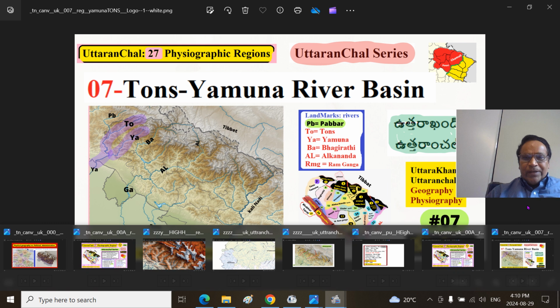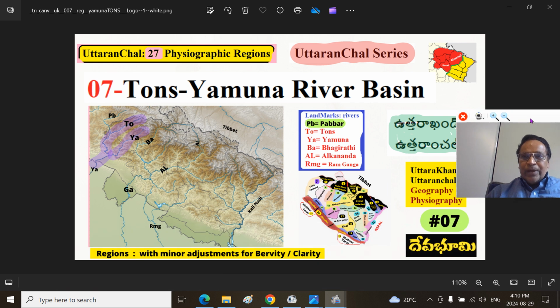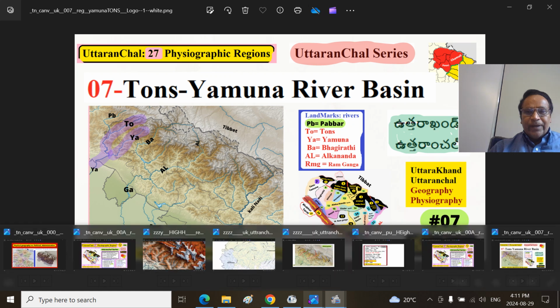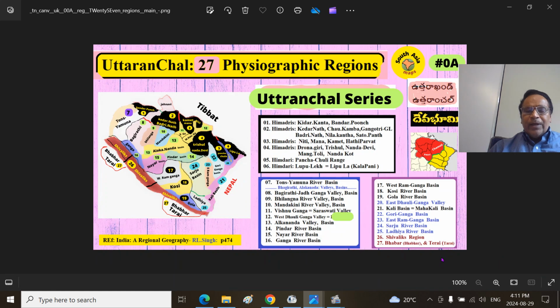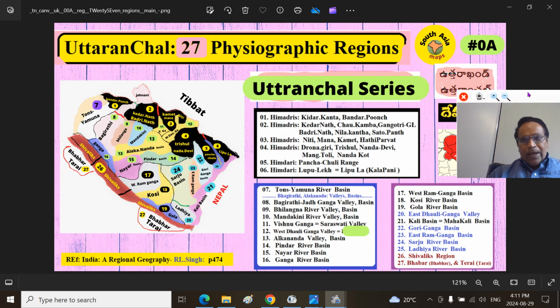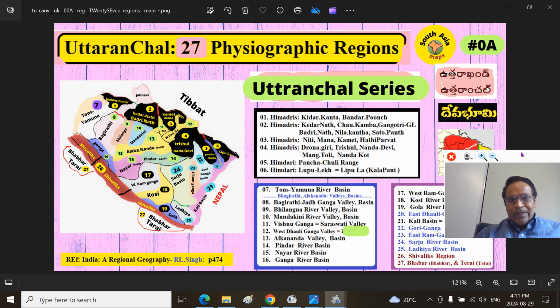This is the Devabhumi, Uttarakhand, Uttaranchal physical geography. In the previous presentations, I have reviewed all the 27 or so physiographic regions of Uttarakhand, Uttaranchal, Devabhumi. You can see these 27.